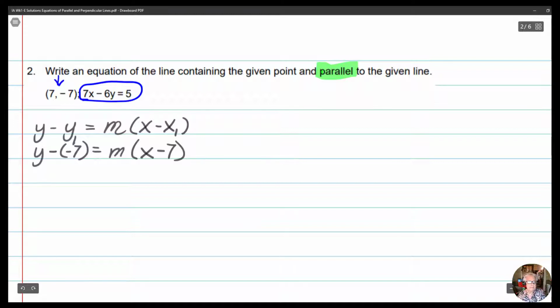Okay, we're ready. Let's find out what our slope is. We need to find the slope of 7x minus 6y equals, are you ready? That's a positive 5.